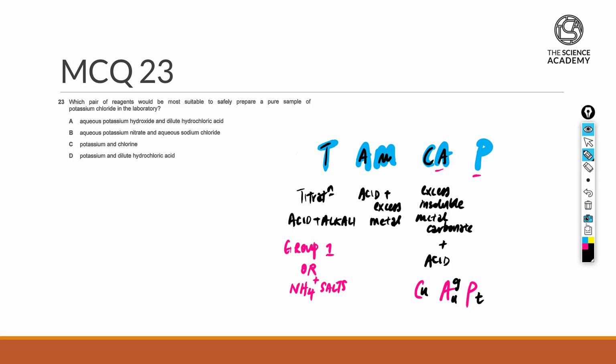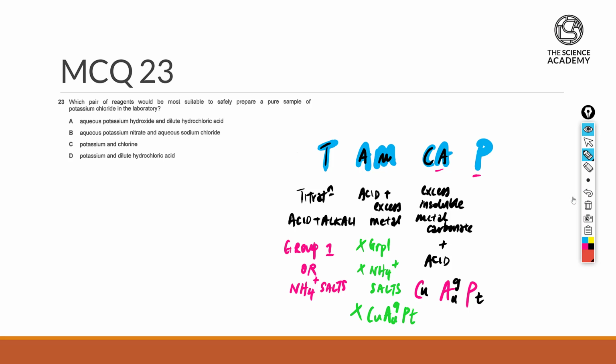So that means that for AM, it's used for salts that are neither group 1, neither ammonium salts, nor do they belong to the cap salts of copper, silver, gold, and platinum.